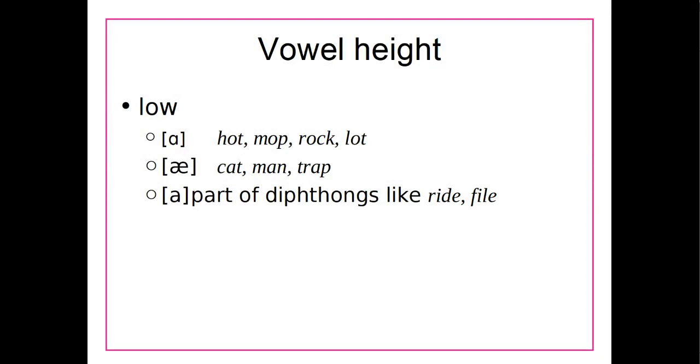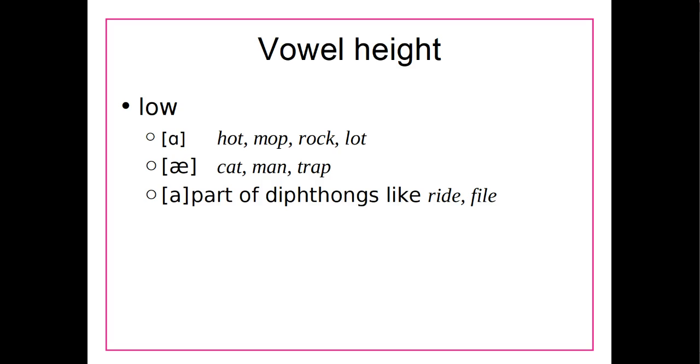So we have this symbol here. This is the sound you hear in hot, mop, rock, or lot, the aw. Then we have this, represented by kind of a smash up of the letter A and E. This is the sound you hear in cat, man, or trap. Then we have this other sound represented by a letter A. This is a type of sound called a diphthong.